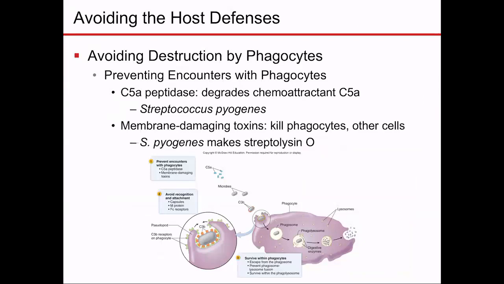Let's now go into the process of phagocytosis and how different pathogens can prevent this process of phagocytosis. Remember that phagocytosis is one of the effector functions of the innate immunity.